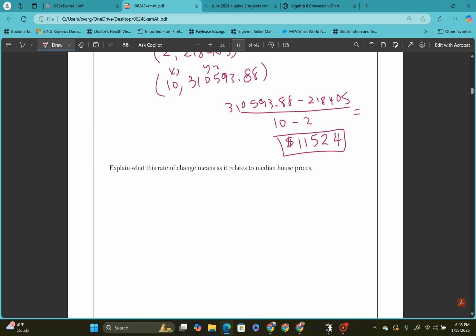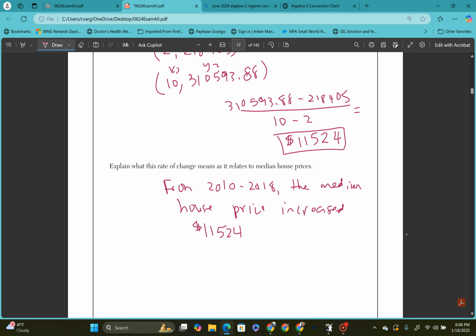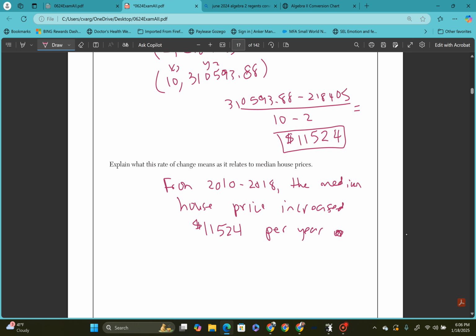All right. Explain what this rate of change means as it relates to median house prices. So that means from the years 2010 to 2018, the median house price increased $11,524 per year on average.